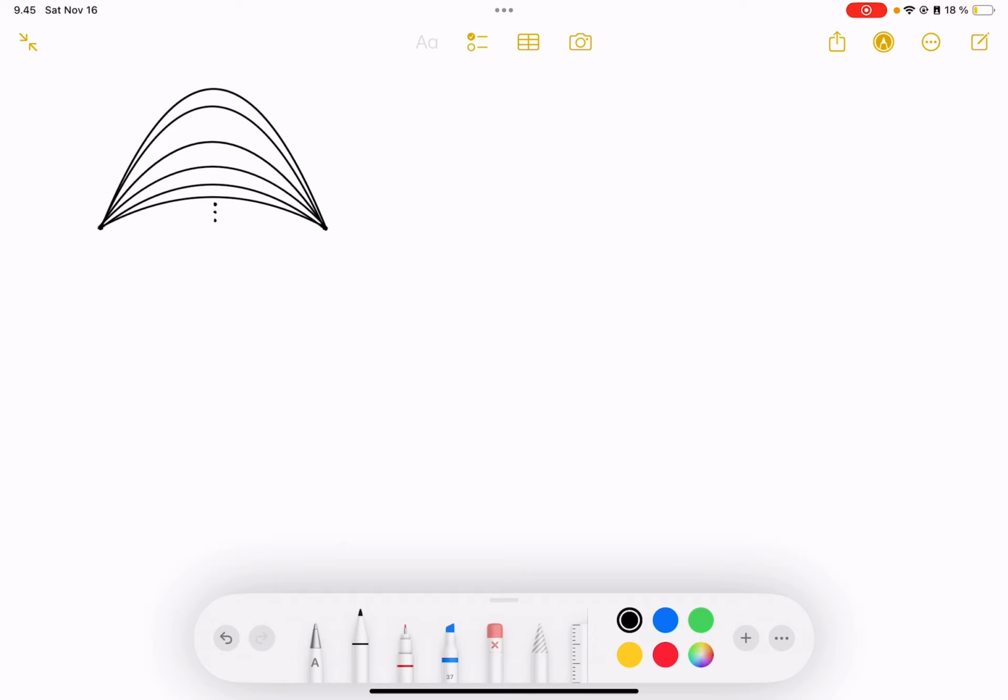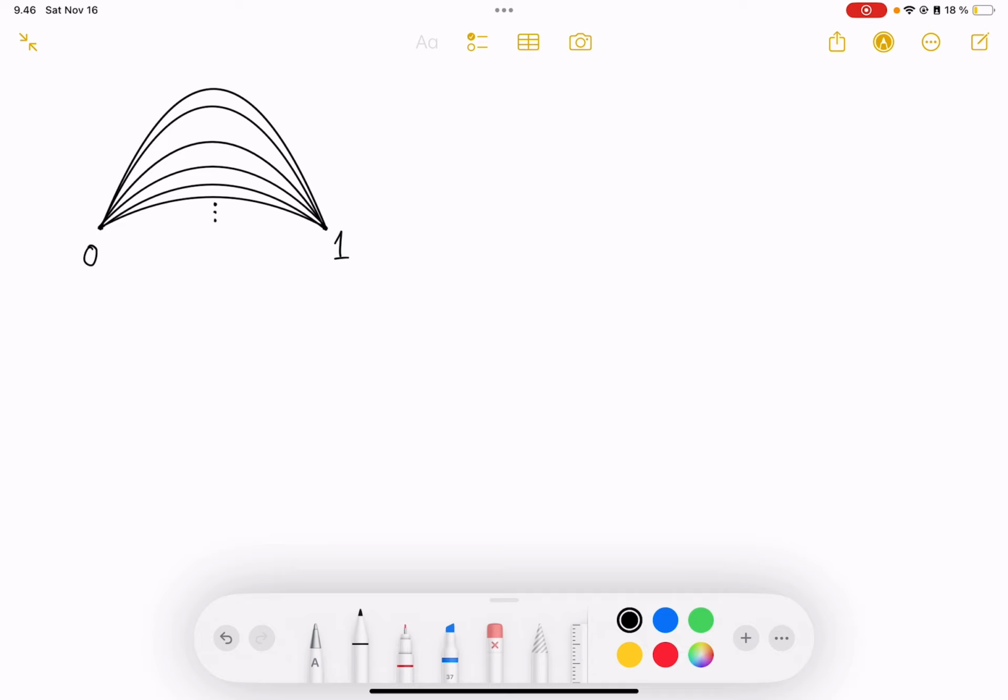So you have two fixed points, say 0 and 1, in the plane, and you have an infinite collection of short disjoint paths connecting them.